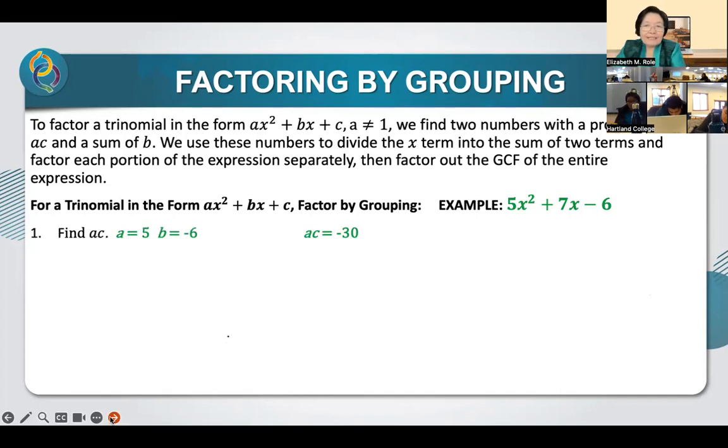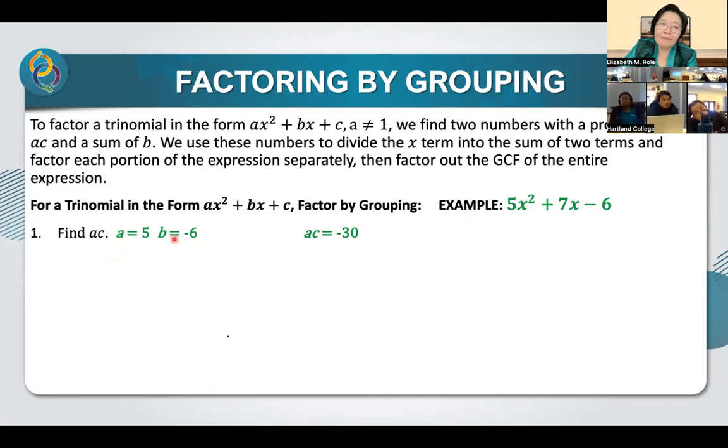All right. The first thing, find the product of A and C. So in that 5x squared plus 7x minus 6, let me use my laser pointer. My A is 5 and my C is negative 6. So the first thing we have to do is get the product of that.